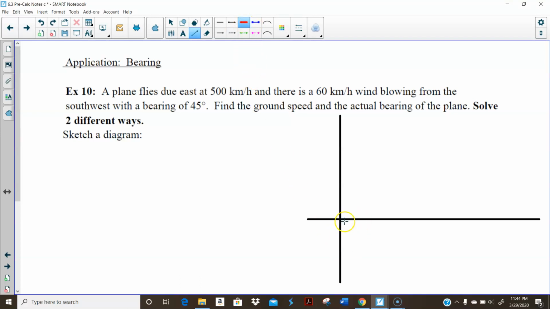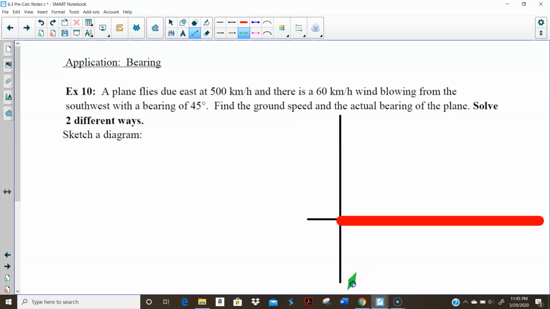So our plane, it says, is flying east. And so we're going to draw this plane going east. And the magnitude of that vector is going to be 500. And then it says that we have a wind. If the wind is blowing from the southwest, south is down here, and west is over here.